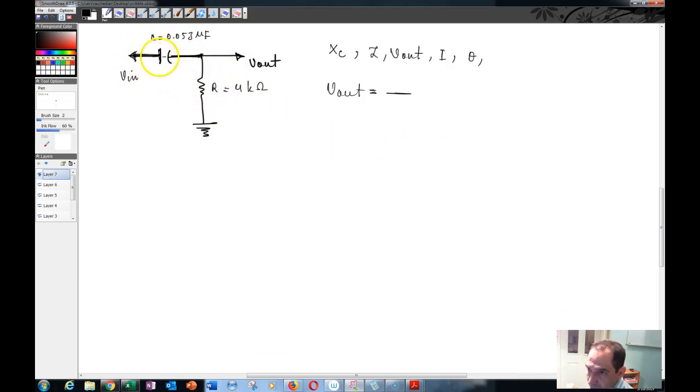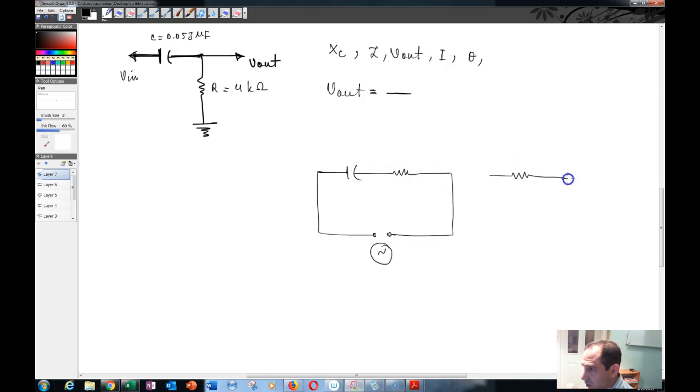You have this capacitor over here, and you have this resistor over here, and as you can see, this is connected to a power supply. But in this case the power supply is an AC signal, so it's pretty much like a voltage divider circuit that you use in an AC circuit over here, right?